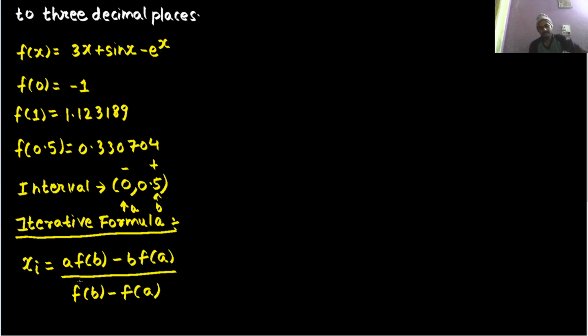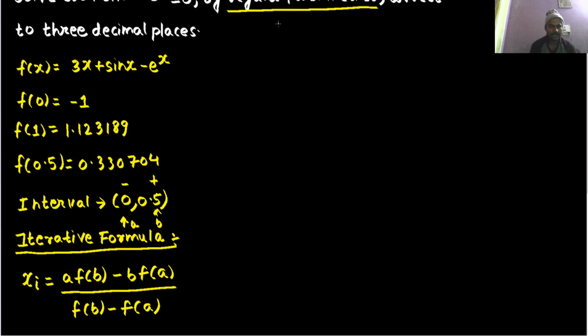If f of x_i comes positive, you will replace the b value. B value means whatever value is after the comma, the second value in that ordered pair. You will change that. So coming to the iterations, I will have my first iteration now, iteration number 1.